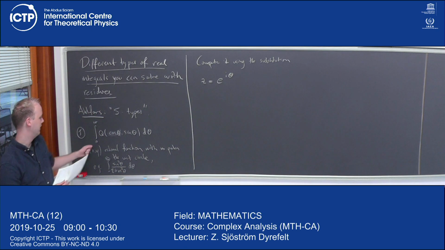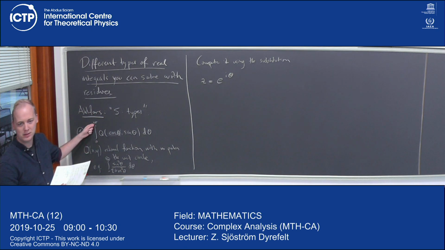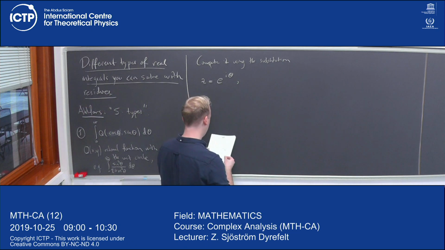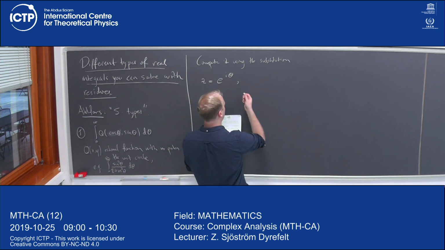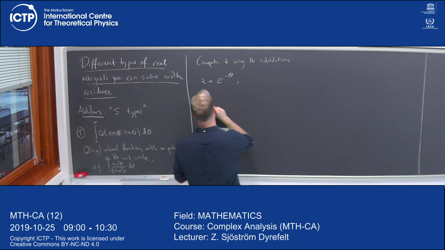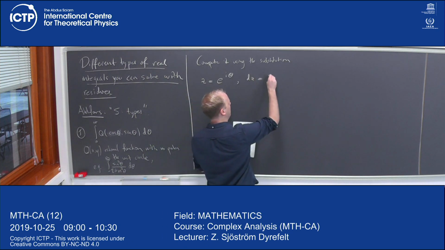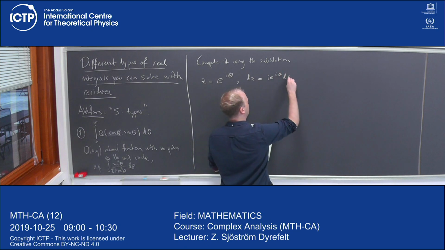Then theta goes from 0 to 2 pi, so this z will go one lap around the unit circle. So you put z equals e to the i theta, and first of all you get that dz is equal to i e to the i theta d theta.